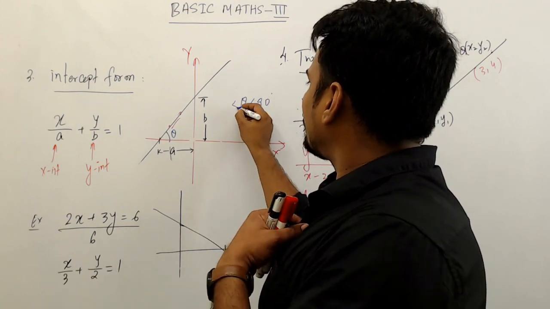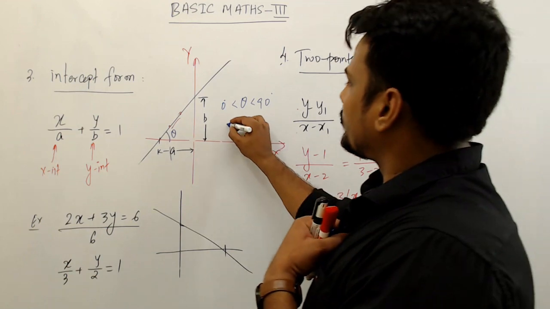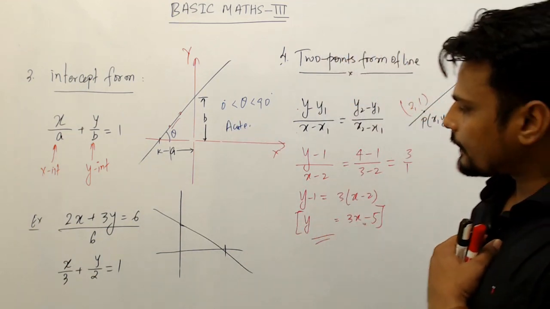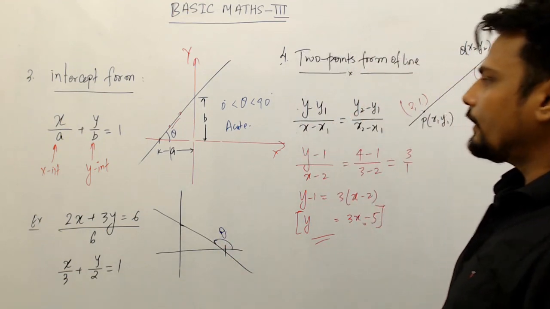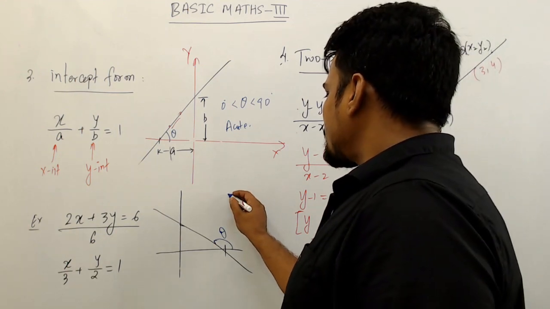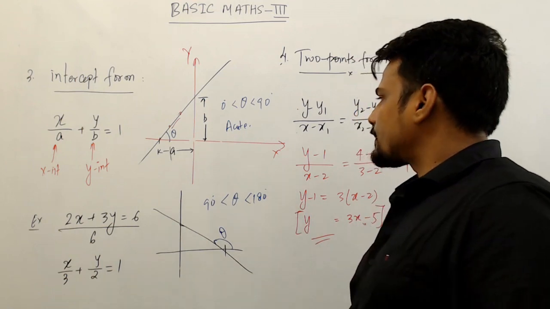It should be less than 90 degrees and more than 0 degrees. This is an acute angle. And if I look at this one, this theta is going to be more than 90 and of course less than 180 degrees. So here theta is an obtuse angle.